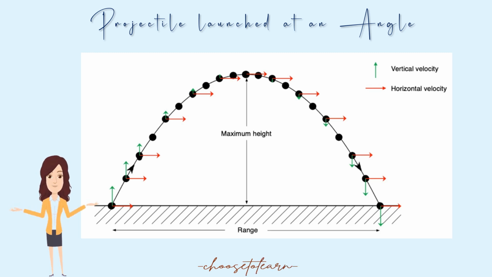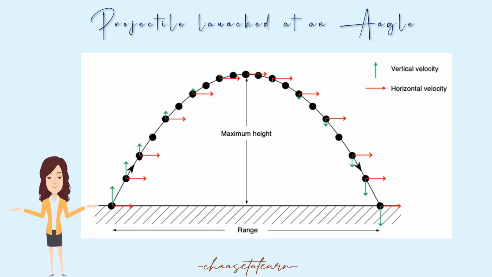So this diagram illustrates the changes in horizontal and vertical velocities of an object in projectile motion. The maximum height and range, which is also the horizontal displacement, are displayed. As you can see, the horizontal velocity is represented by the red arrow, while the vertical velocity is represented by the green arrow.